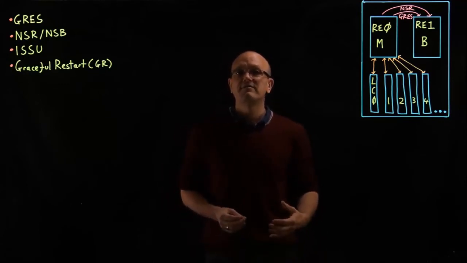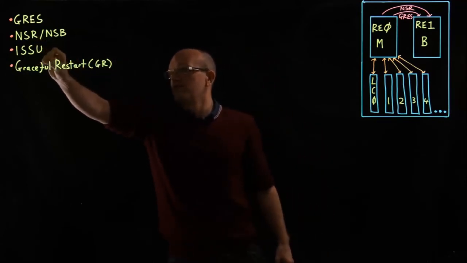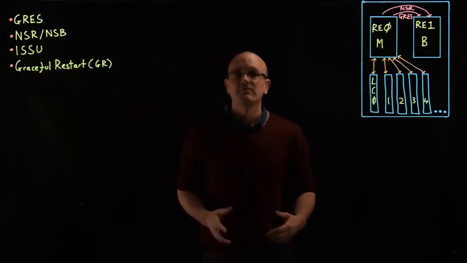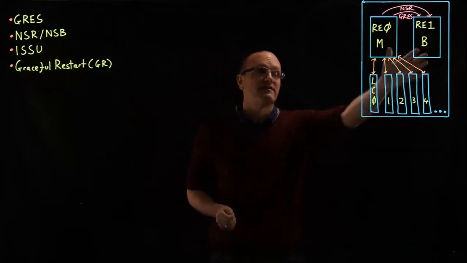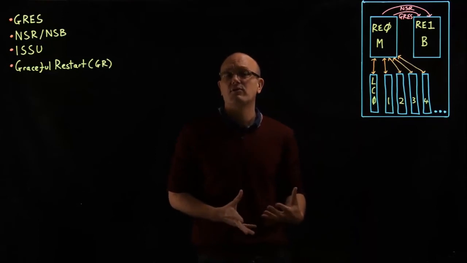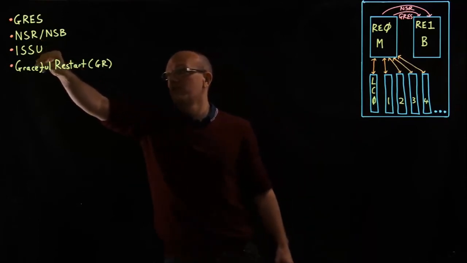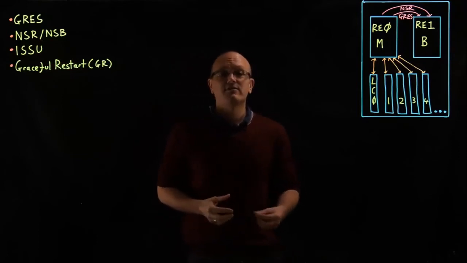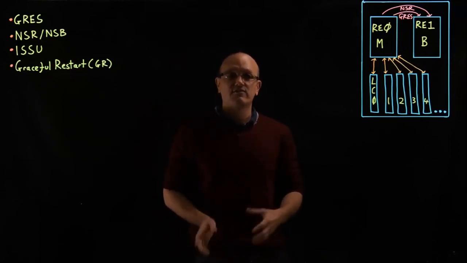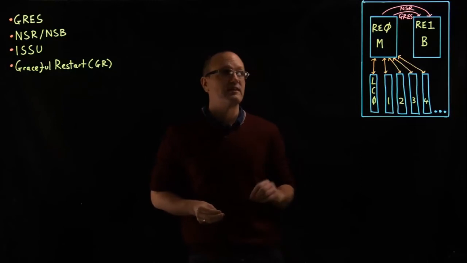And this is by adding non-stop routing or non-stop bridging. This is dependent on whether this device is a router or a switch or a mix. And what we're doing with non-stop routing, non-stop bridging, is that we are adding this on top of GRES functionality.